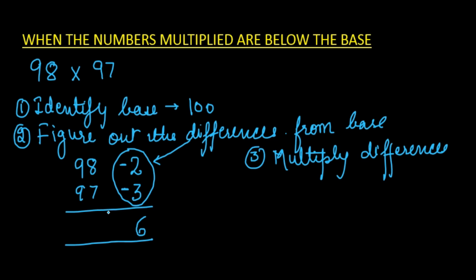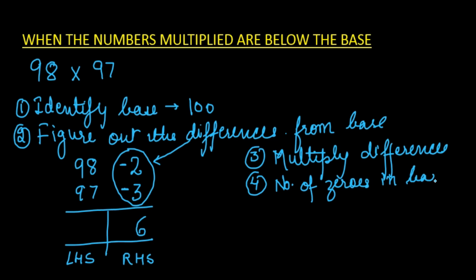I have told you that the answer will be in two parts. This will be the LHS part and this will be the RHS part. Now the fourth thing which you have to see is that the number of digits in RHS is the same as the number of zeros in the base. How many zeros are there in our base?